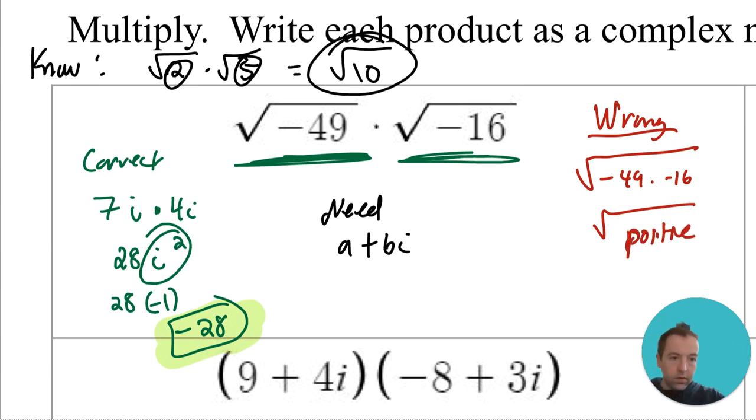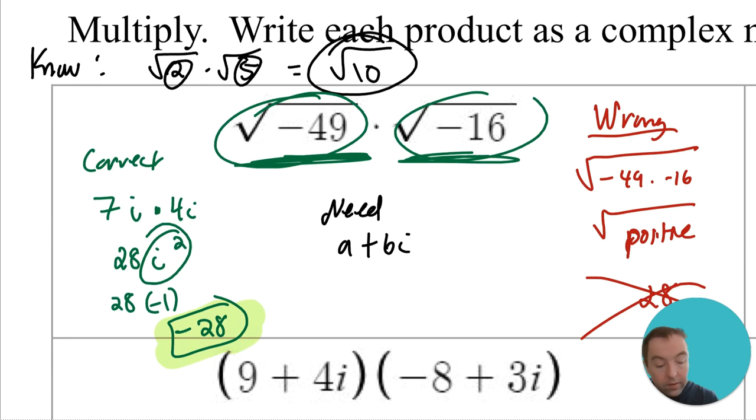And then once you rooted that really big number, you would end up getting an answer of 28, which is close to what we had before because we got -28, but the answer needs to be -28. So that's why we can't use that same property, the product property of radicals, with complex numbers, because then it gives you a positive answer and it's not supposed to be positive because you're actually really taking an imaginary number times an imaginary number.